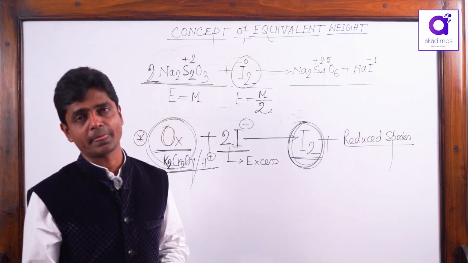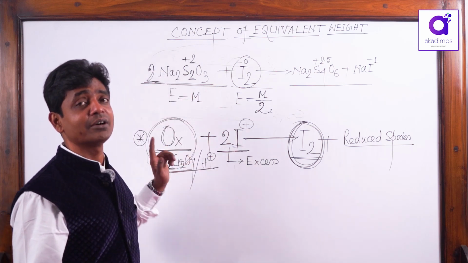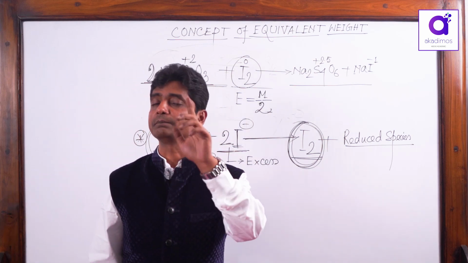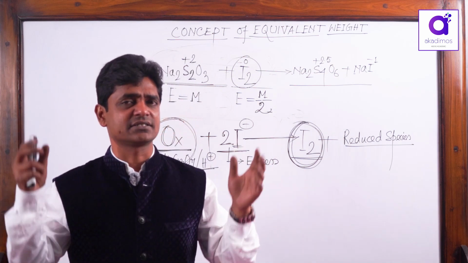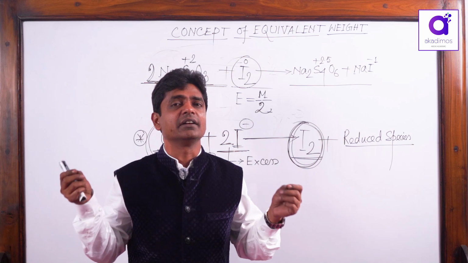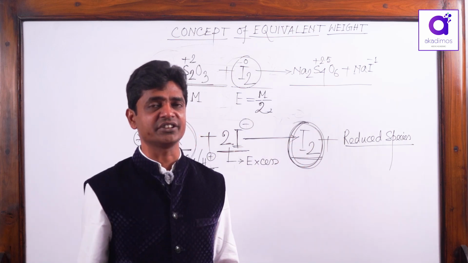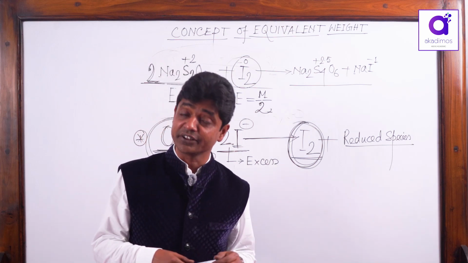Now, the gram equivalent of one is known, so the unknown gram equivalent must be the same. If time permits, in another video I will discuss, by taking a different problem, how you will solve a stoichiometry problem within 30 seconds by taking the 1:1 gram equivalent ratio.